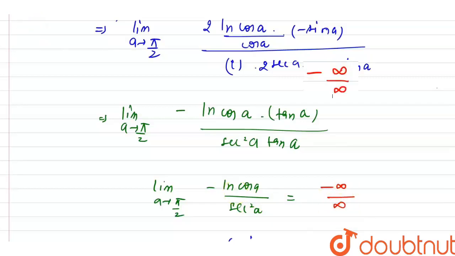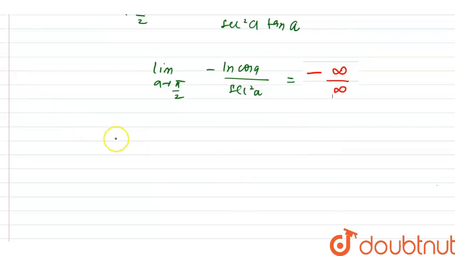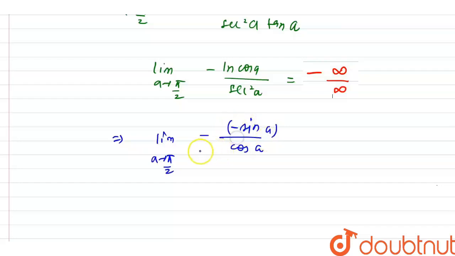So I'm applying L'Hopital rule again, and I guess it is the final time. So it is limit A tending to pi by 2, here it is minus of (1/cos A) times the derivative of cos A, which is sin A, over the differentiation of sec square A, which is 2 sec A, then sec A tan A.